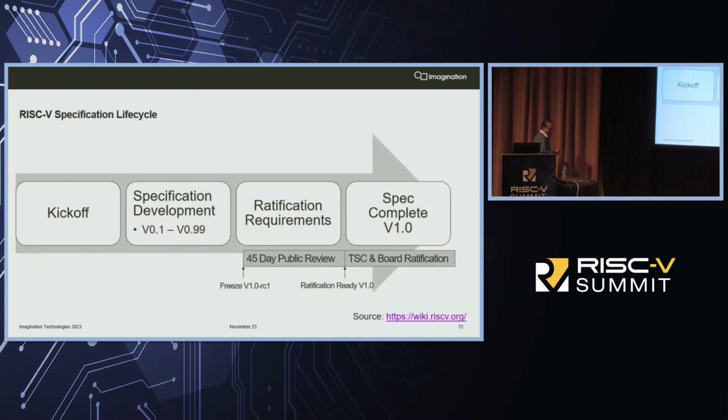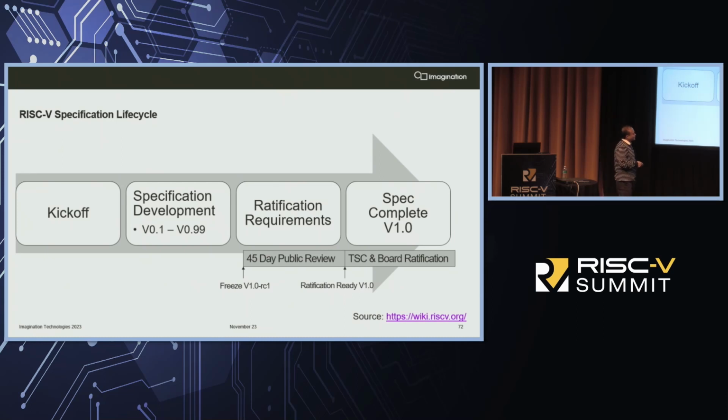Now I just want to touch upon the ratification life cycle here. RISC-V has a very good process laid out for ratification, where the spec development is done by industry experts, academic experts, and the design and development community who come together to develop the spec.